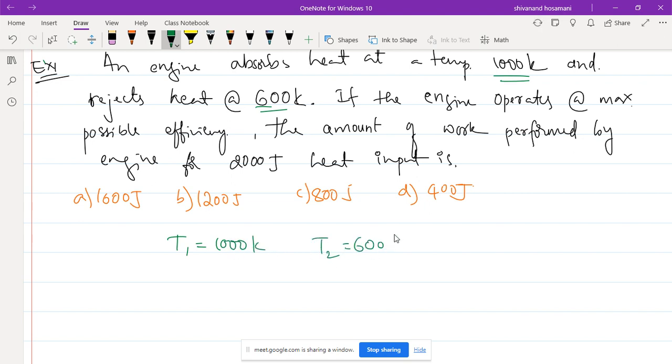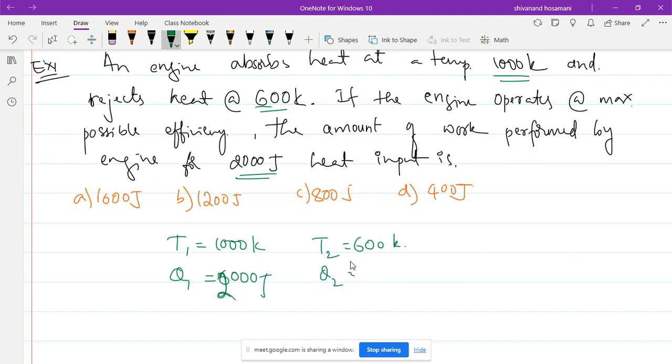The work performed by the engine for an input heat of 2000 joules is given. What is asked is the amount of work done.